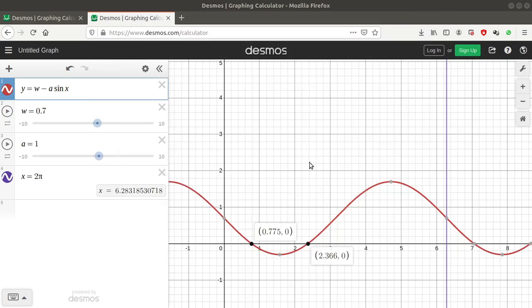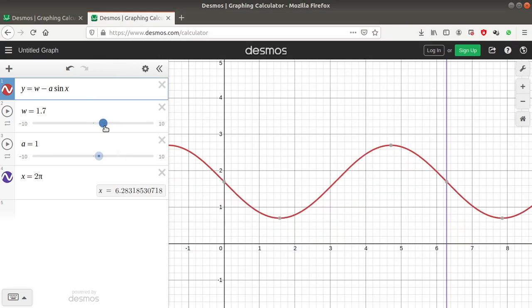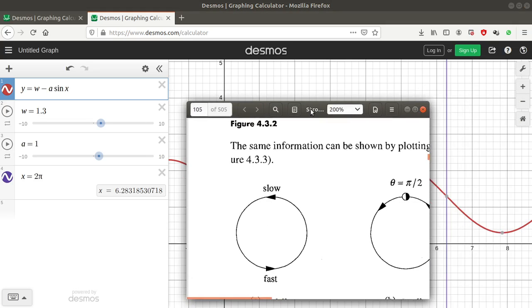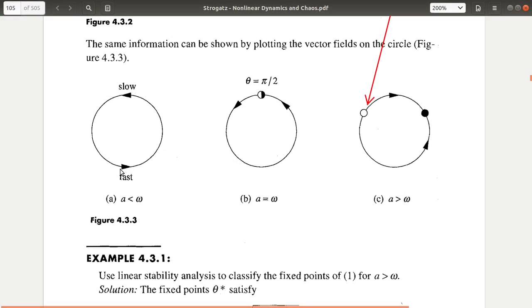The reason is, let's say this is the case: at this region it will go fast because theta dot is large, but here theta dot is small, so it will take a very long time to cross this region. We also observed that the slow region happens when theta is equal to pi by 2. So here it's slow and here it's fast.